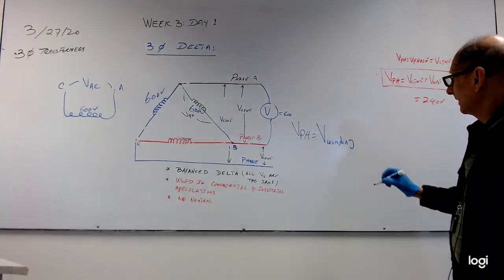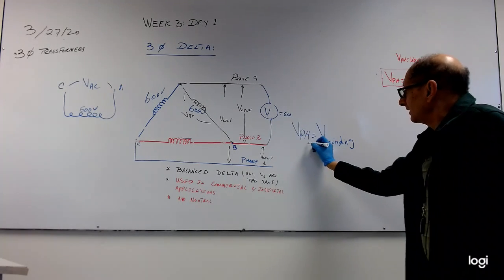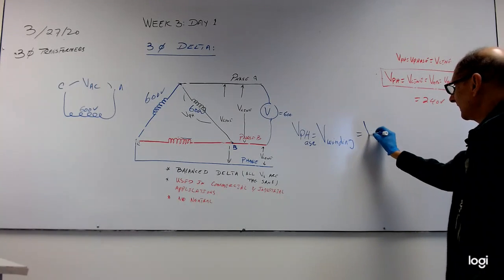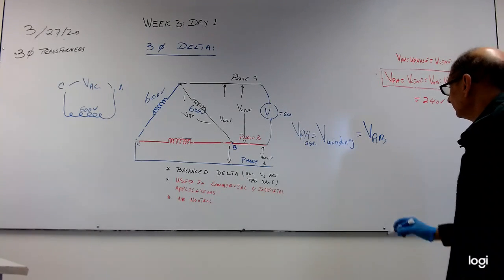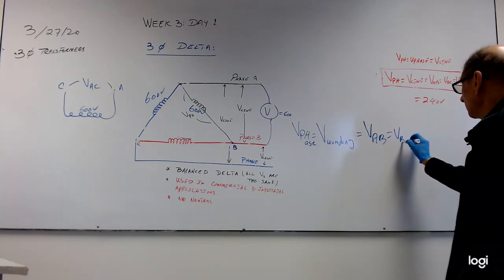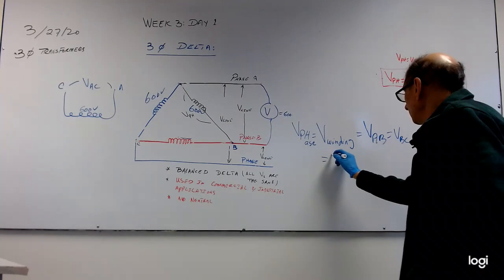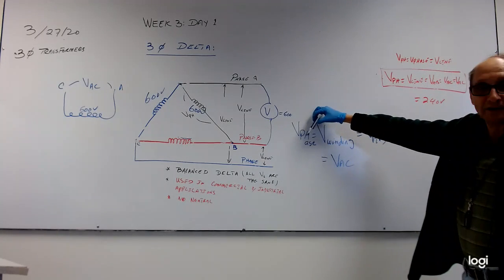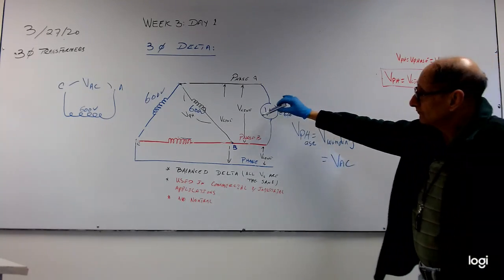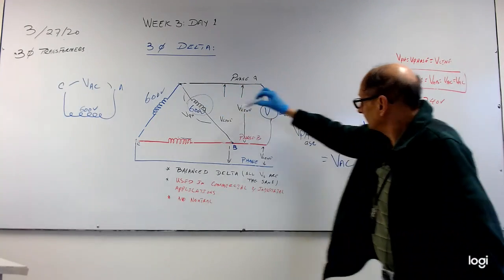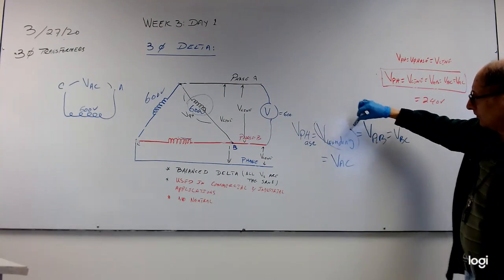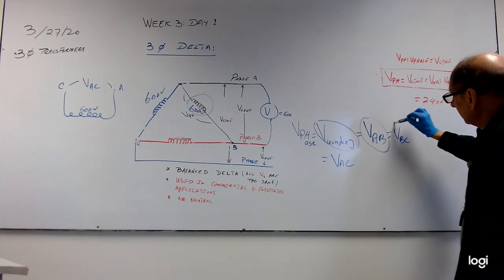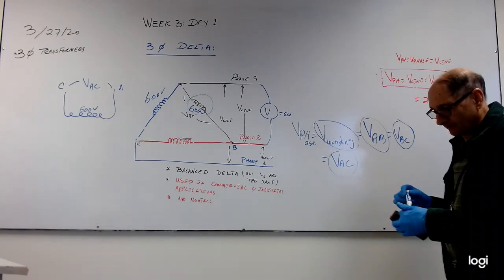V phase is the same as VAB, is the same as VBC, is equal to VAC. So they're all equal. So phase voltage right here is also known as winding voltage, known as AB or line, BC or line, and AC or line.